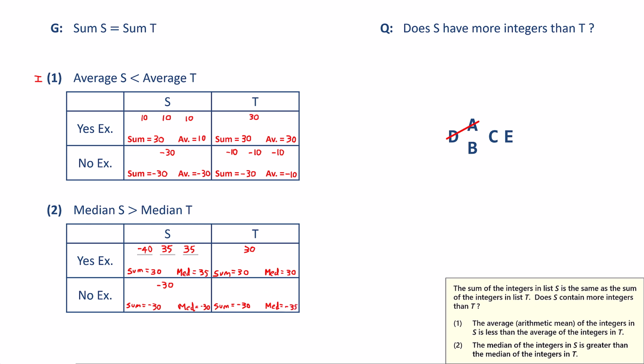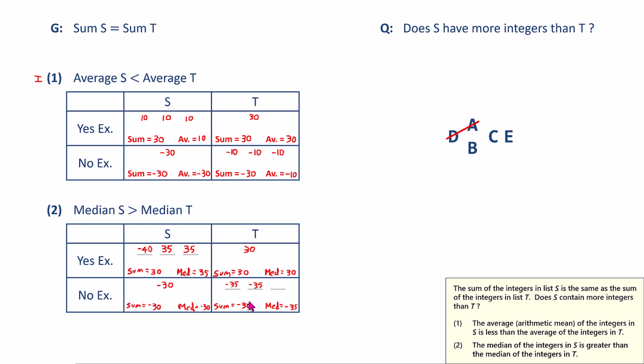And because this is a no example, list T is supposed to have more numbers than list S. So let's say that T has 3 members, and if we list them from low to high, the median will be the middle number, so we can write negative 35 in the middle. Let's pick the low number to be another instance of negative 35.